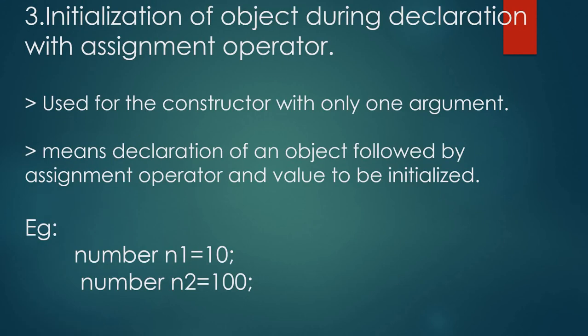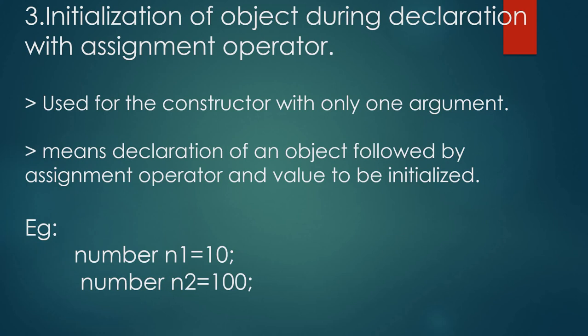Next, the third method for invoking parameterized constructor is initialization of object during declaration with assignment operator. This method is used when the constructor has one and only one argument.